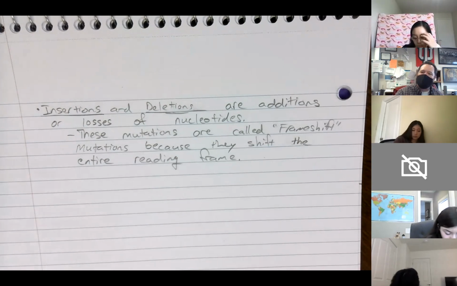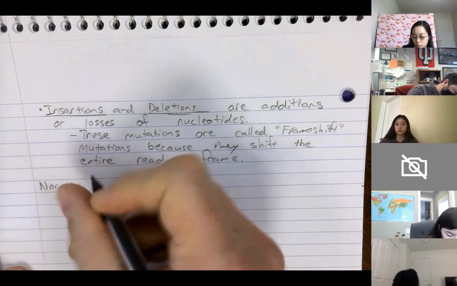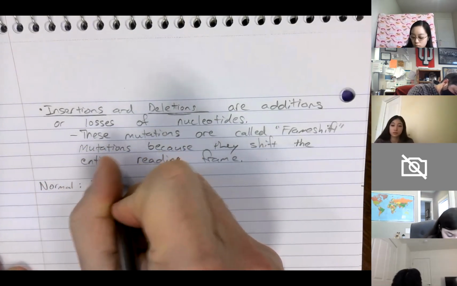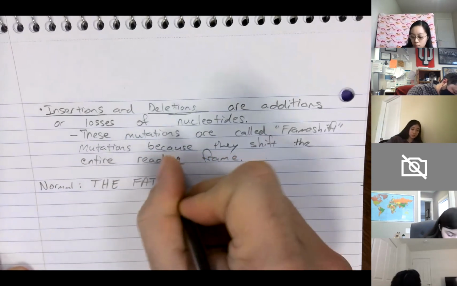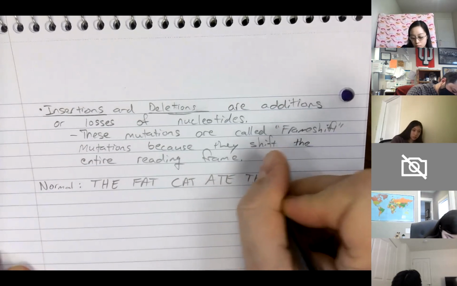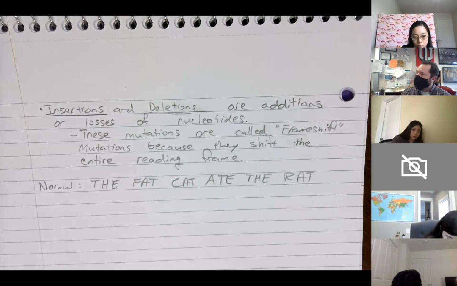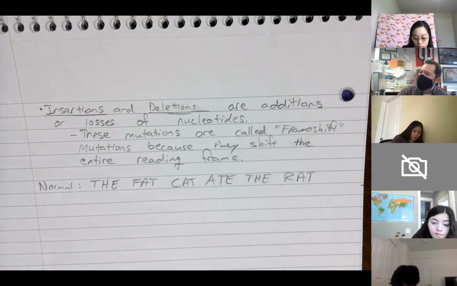So a common example of a shifted reading frame is something we can all very easily read. Three-letter words, a sentence made entirely of three-letter words. Why three-letter words?